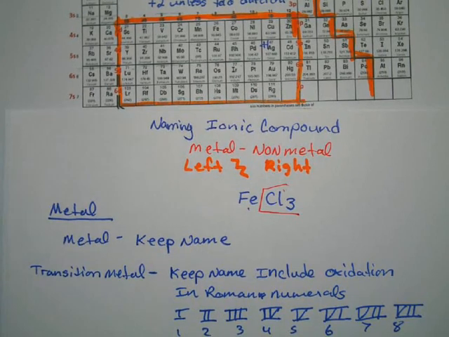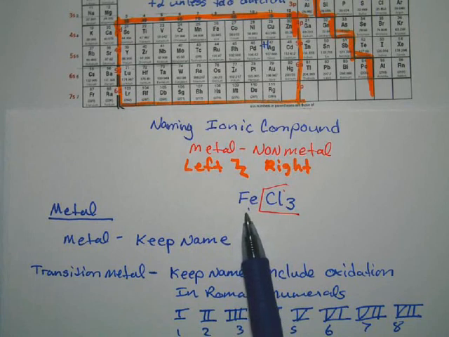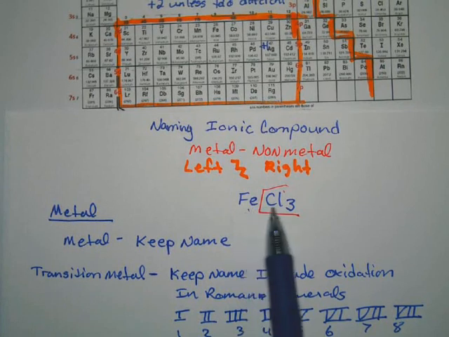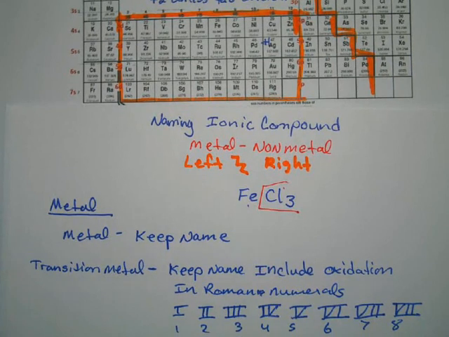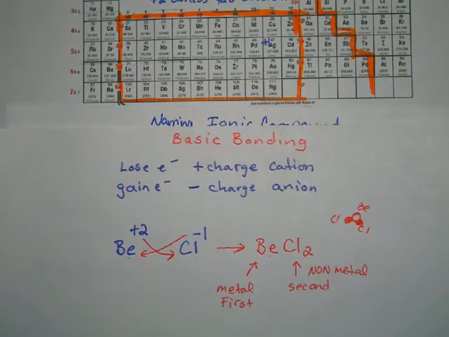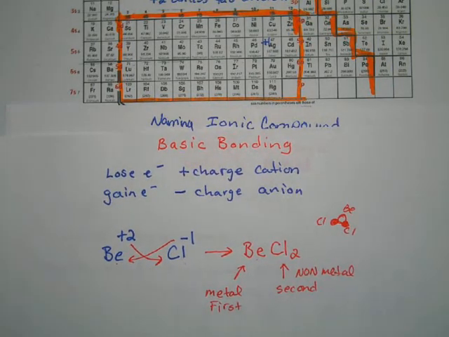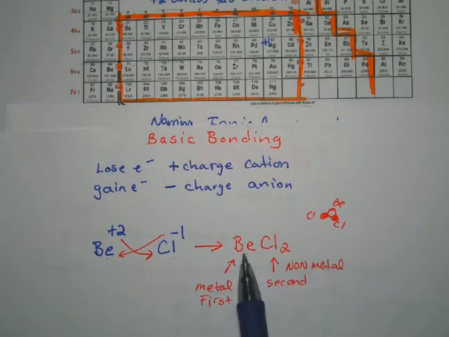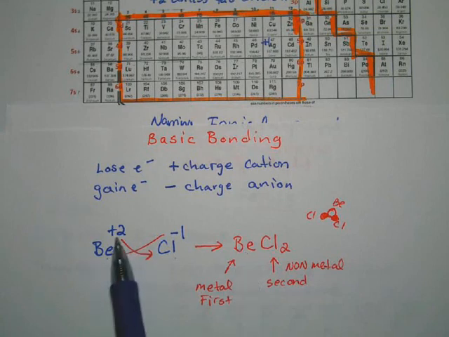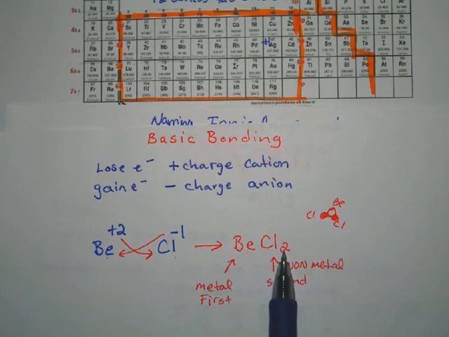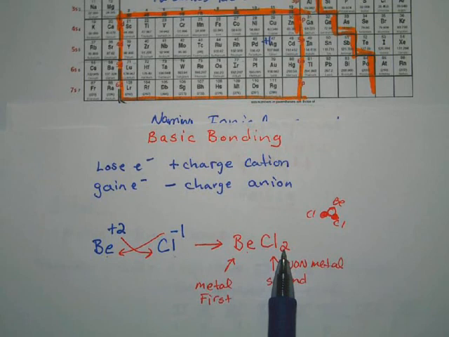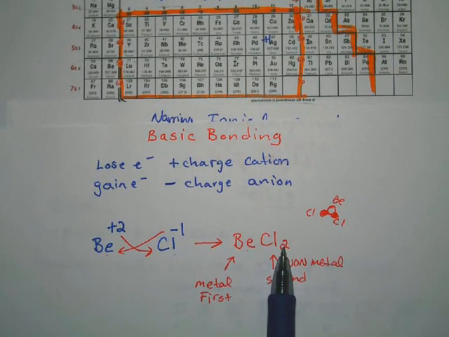So let's look at this right here. What was iron's oxidation number? Remember when these two guys hooked up, they switched oxidation numbers. In the example with beryllium, its oxidation number was 2, but where did this 2 come from? It's beryllium's oxidation number. So whenever you want to look up a metal's oxidation number, go look at that number at the end.